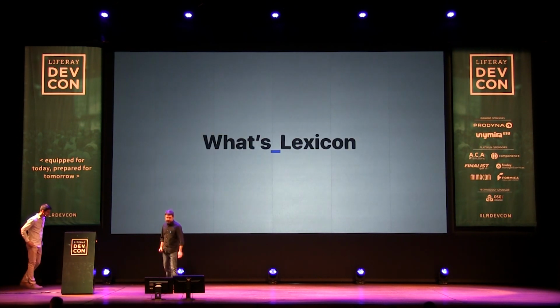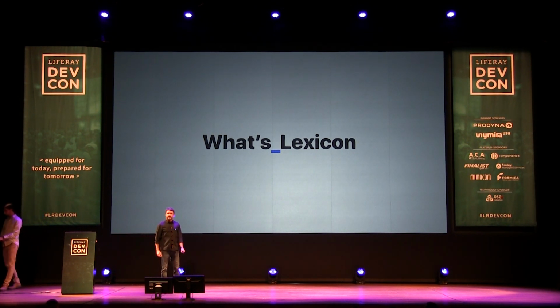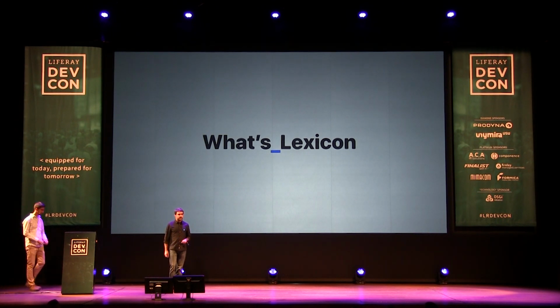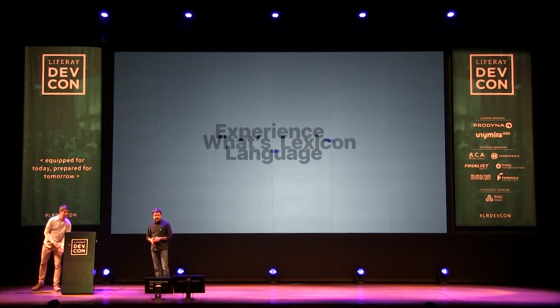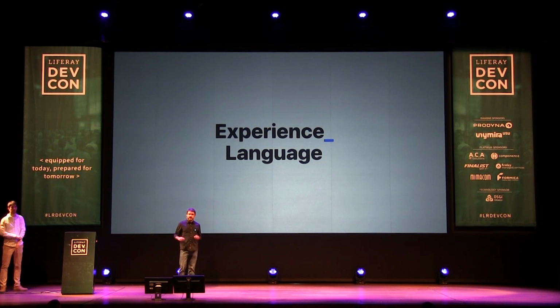And he will give us some tips. First of all, let me do a quick introduction to Lexicon one more time, just in case there are people that still don't know about the project or need some clarification. Lexicon is basically what we know as a user experience language. And what's a user experience language?